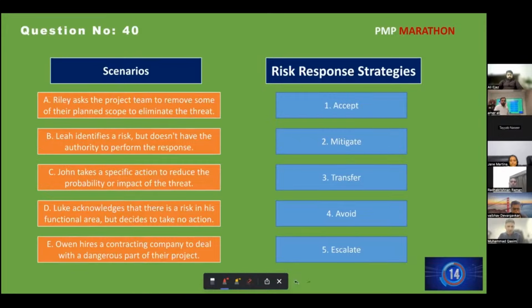John takes a specific action to reduce the probability or impact of the threat. Specific action to reduce. Okay. And Luke acknowledges that there is a risk in his functional area but decides to take no action. Don hires a contracting company to deal with a dangerous part of the project. Okay.